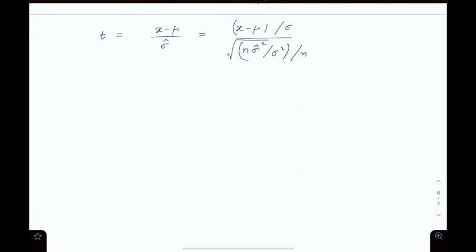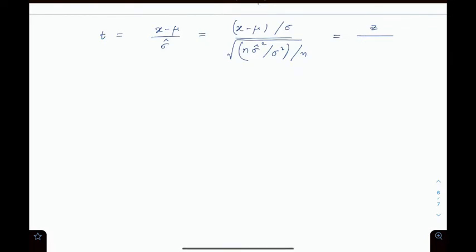So if we define t as x minus mu by sigma hat, or in other words x minus mu by sigma over root of n sigma hat square by sigma square, we basically divided by sigma in both the numerator and denominator, and in the denominator we have multiplied and divided by root n. So this can be rewritten in terms of the standard variable z.